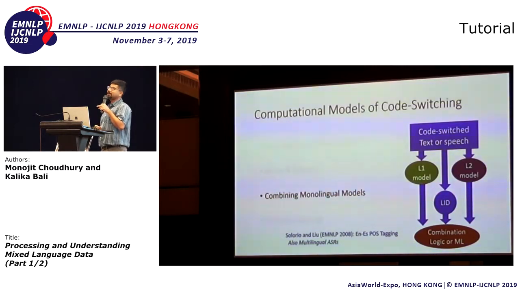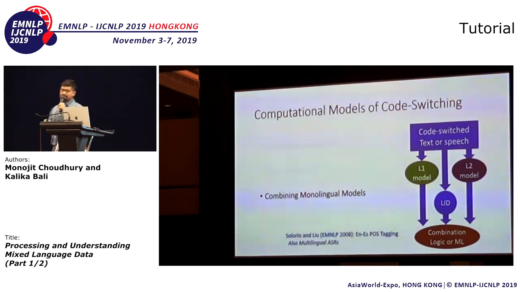In this paper, I think the POS tag accuracy goes to something like 95% for English-Spanish code switching on the Bangor corpus, which is actually pretty remarkable. So it was one of the very good and early works on code mixing. But what's the problem here?